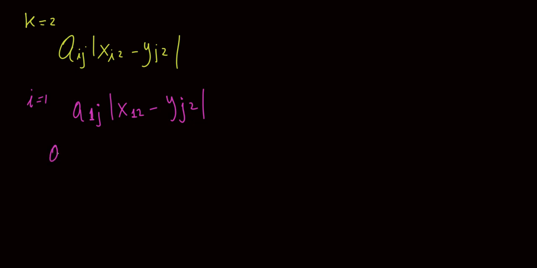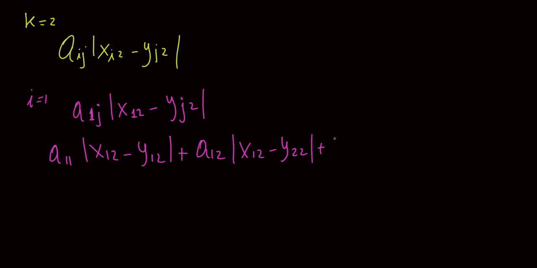Then you see a11 times the absolute value of x12 minus y12, plus a12 times x12 minus y22, plus a13 times x12 minus y32.